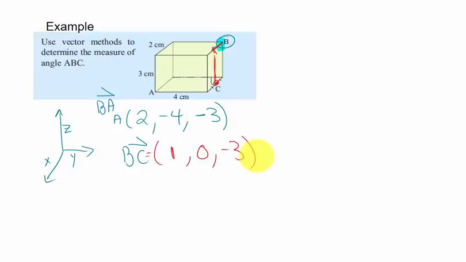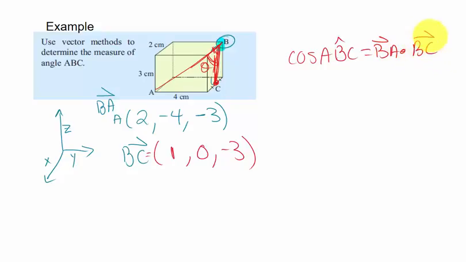So if we want to find the angle here, we're going to use cosine of angle ABC, which is vector BA dot BC over the magnitude of BA and BC. So first we need to find the dot product of these.